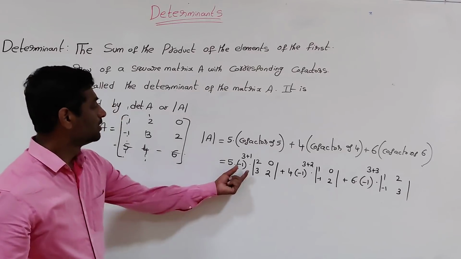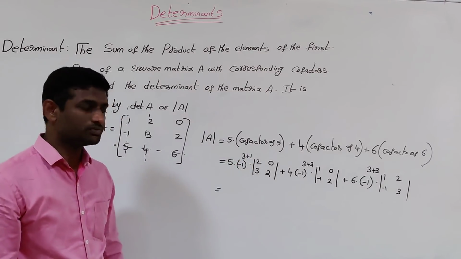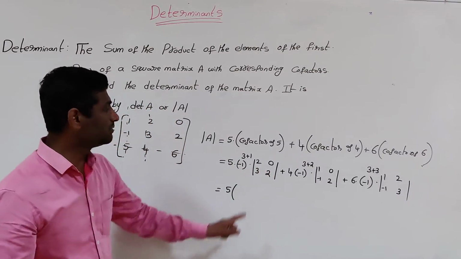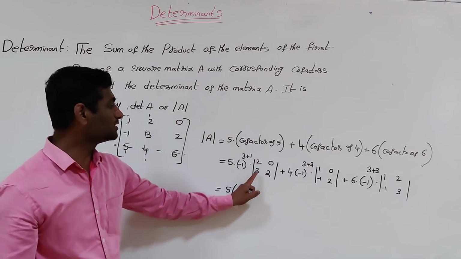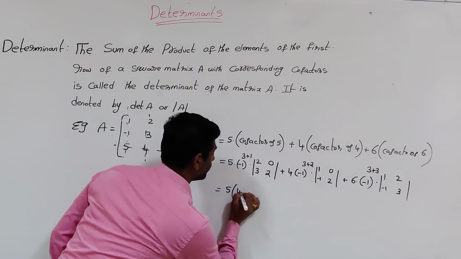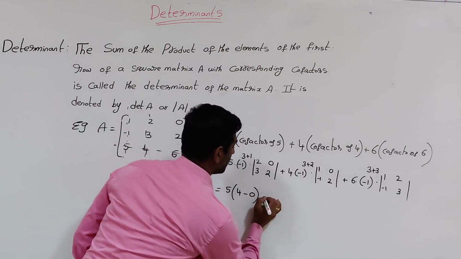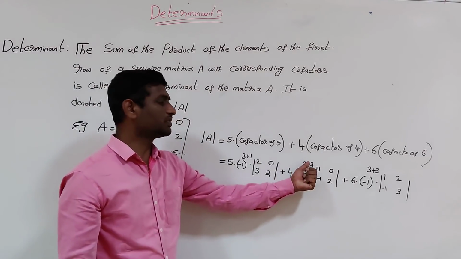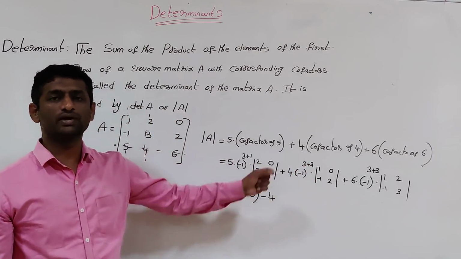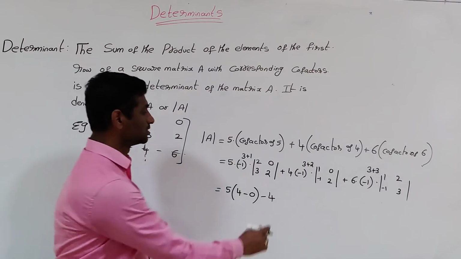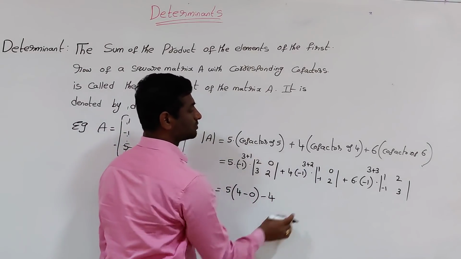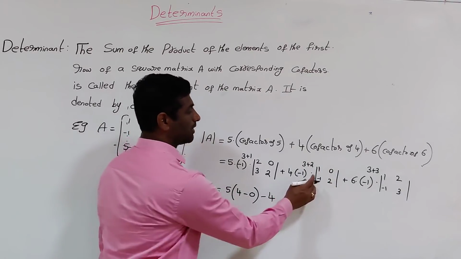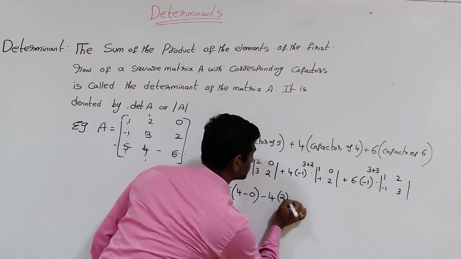So, minus 1 whole power of 3 plus 1 is positive. 5 into the determinant of the 2 by 2 matrix, which will be 2 into 2, 4 minus 3 into 0, 4 minus 0. Minus 4. Why I have taken minus is minus 1 whole power of 3 plus 2 is 5, so minus 1 whole power of 5 is minus 1. So minus 4 into determinant of this 2 by 2 matrix, 2 into 1, 2 minus 0, so it will be 2.